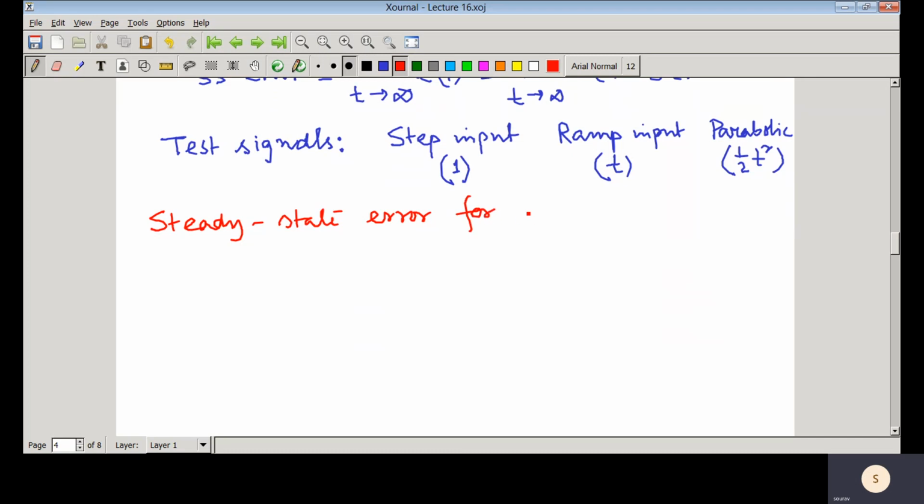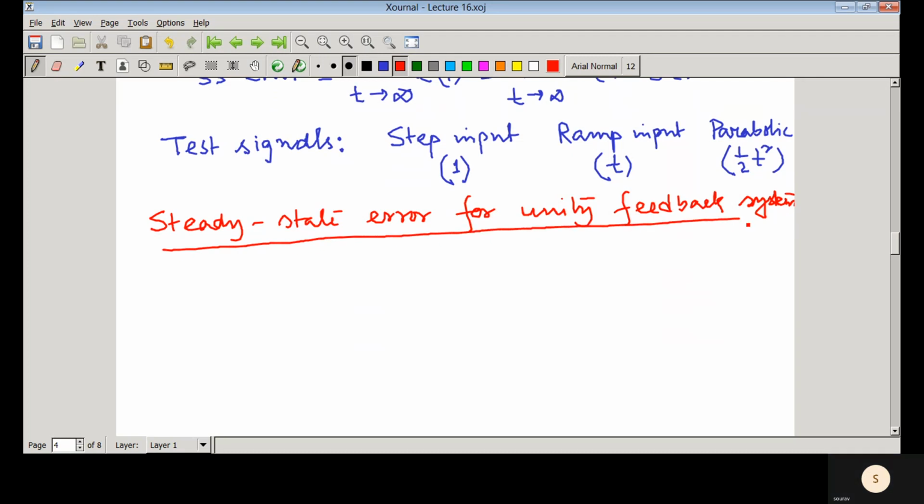So that is the steady state error for a unity feedback system. That is important because it is a unity feedback system; we will discuss later why. The reason is, whenever you have a closed loop control system, suppose this is R(s), and the forward path transfer function is G(s), comprising the plant and the controller.